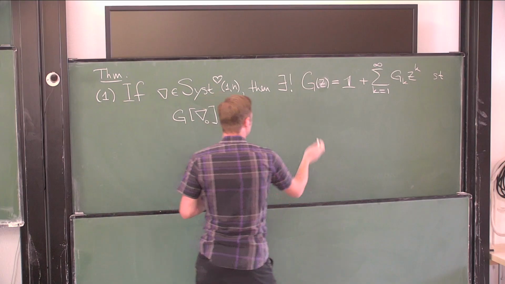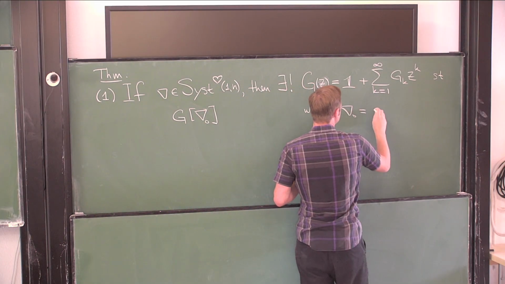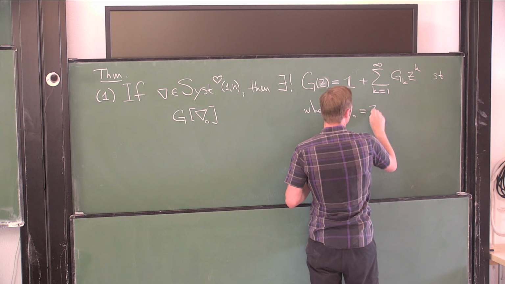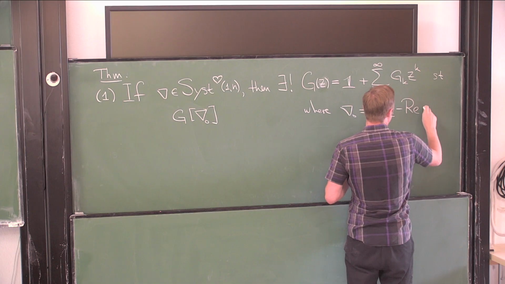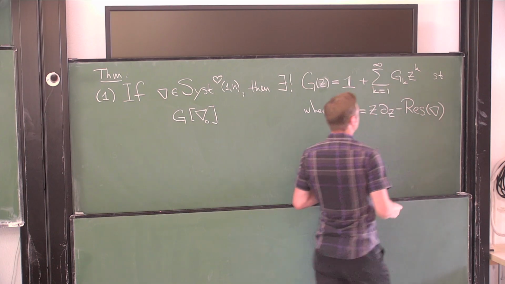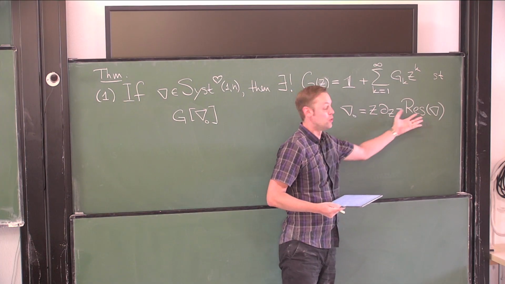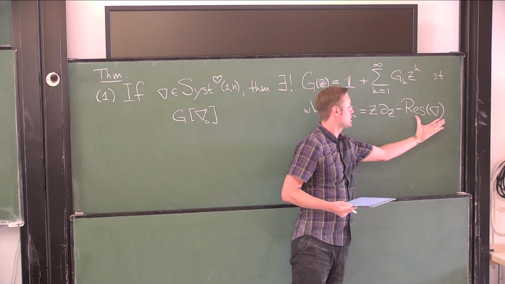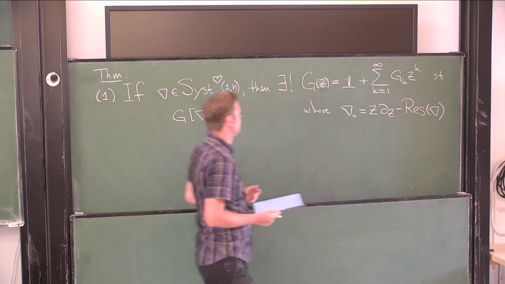where nabla naught is the same system as nabla, z del z, or rather, sorry, nabla naught is what I call the normal form, which just has the residue term, the residue matrix, and nothing else.